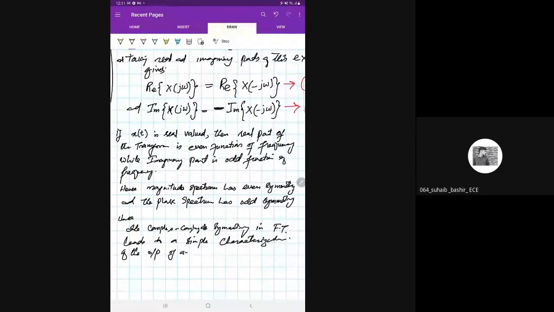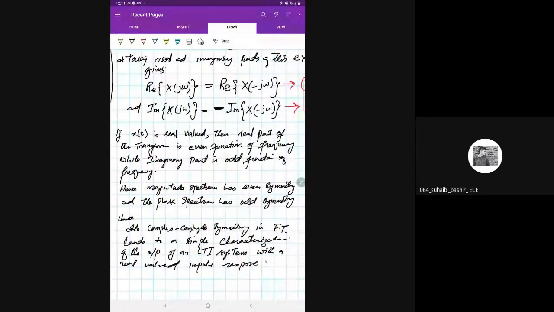Output of a linear time invariant system. So the complex conjugate symmetry in the Fourier transform leads to a simple characterization of the output of a linear time invariant system with a real valued impulse response. I'll show you an example. उससे थोड़ा ये clear हो जाएगा.